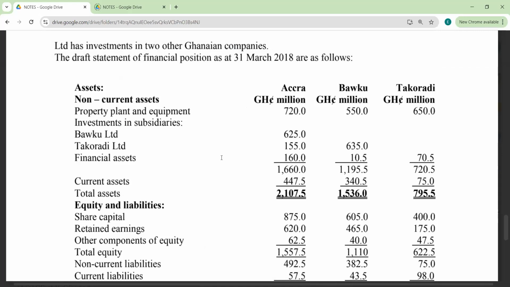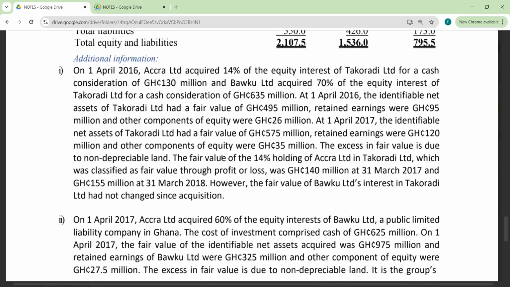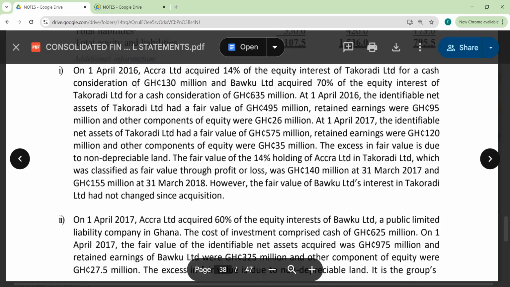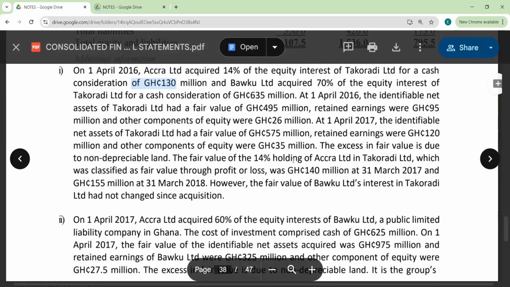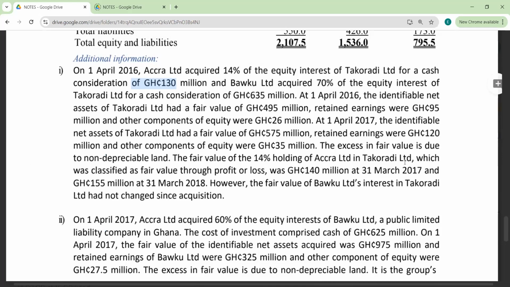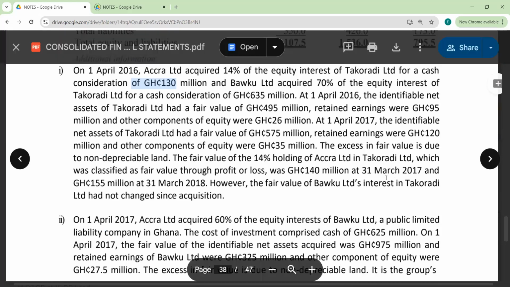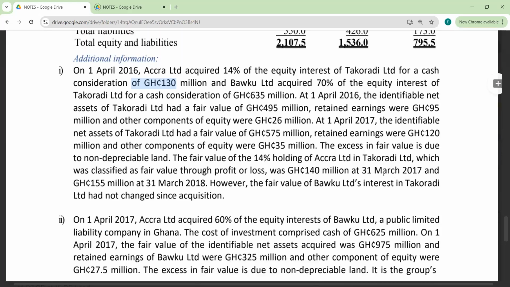You see, parent paid how much? The cash consideration was 130. But the fair value of the 14%, it was 140 at the date, 31st March 2017.